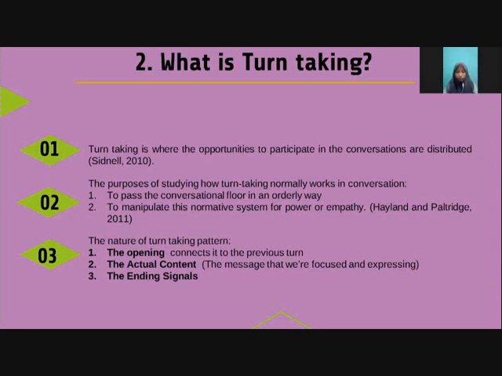The first is the opening, which connects to the previous turn. The second is the actual content, the message that we are focused on and expressing. And the last is the ending signals. But in natural conversation, like when we talk to our friends or our parents, sometimes there are no ending signals.